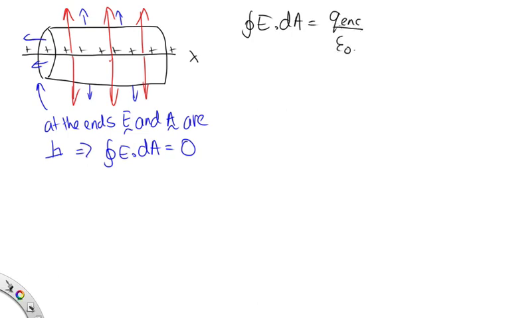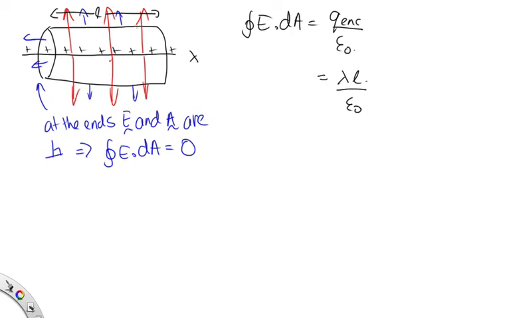Okay, so what we need to do now is we use E dot dA is equal to Q enclosed over epsilon naught. Now enclosed charge, it depends on the length of our cylinder, so let's give our cylinder a length L. In this case, the total amount of enclosed charge is the linear charge density lambda times L. And we don't need to consider these circular cross sections, as we've said they contribute 0. So all we need to do is consider this part with the rectangular cross section.